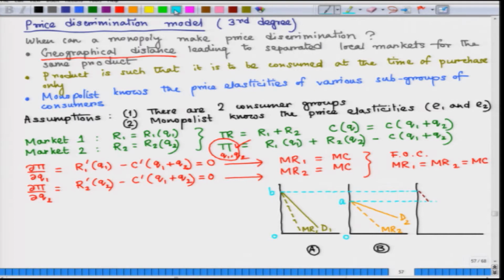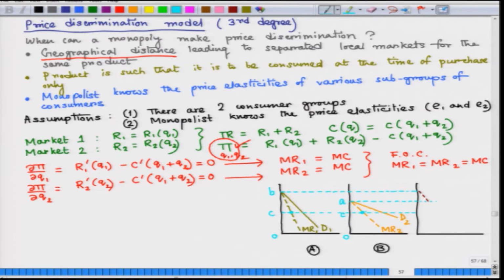So, let me now think about a market price, say somewhere here, say a price C. If the market price is OC, then at that price there is marginal revenue coming from market 1, because there will be demand in market 1 and then there will be demand from market 2.